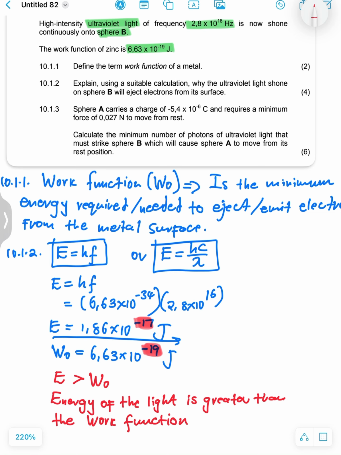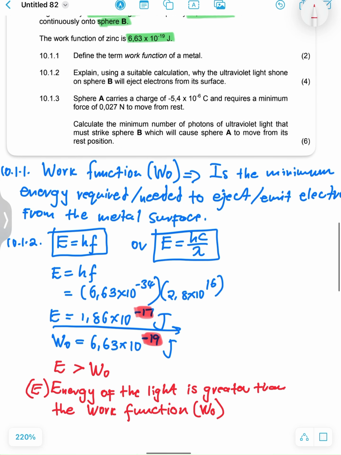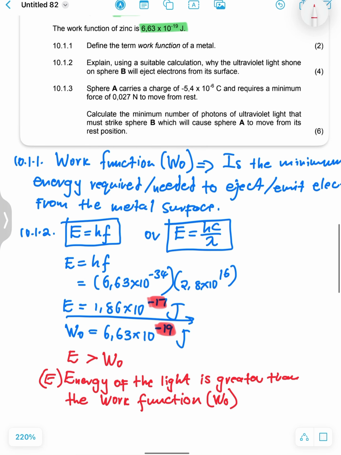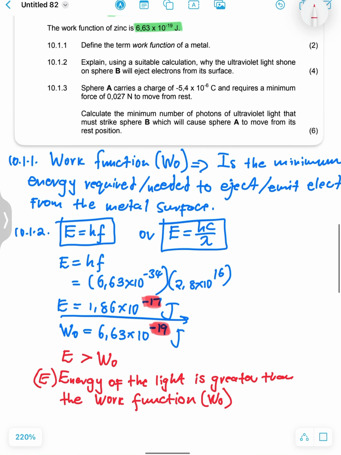This energy here is E, and the work function is W0. So this is the energy required for that.